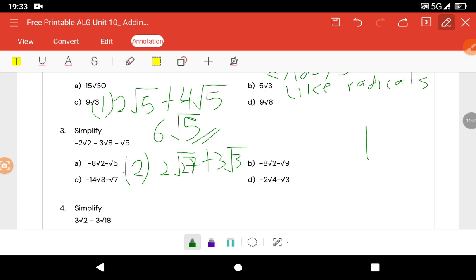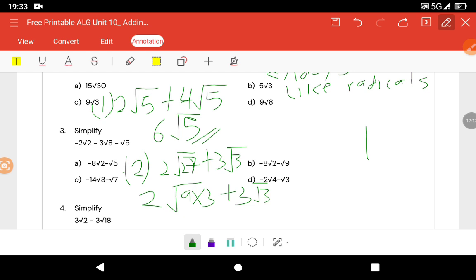So I'm going to break this 27 down. So I'm going to have 2 root, and if we break 27 down, you're going to get root 9 times root 3, because 9 times 3 is 27. So we've broken root 27 down, plus, remember, there's a 3 root 3 there.